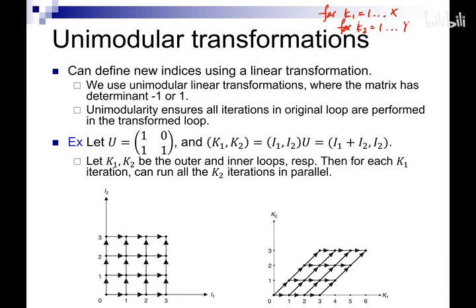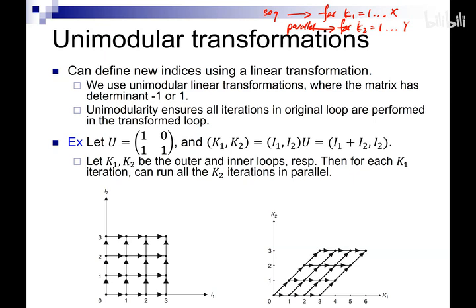Now we need to do all of these outer iterations sequentially. This is going to be sequential, but we can actually parallelize over the inner K2 loops, while we do the K1s sequentially.